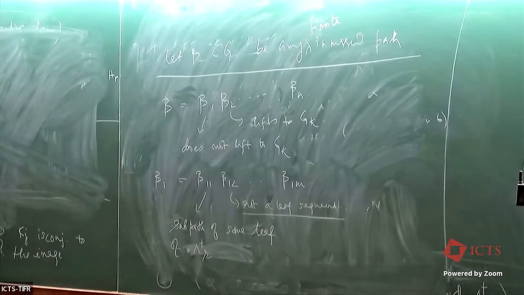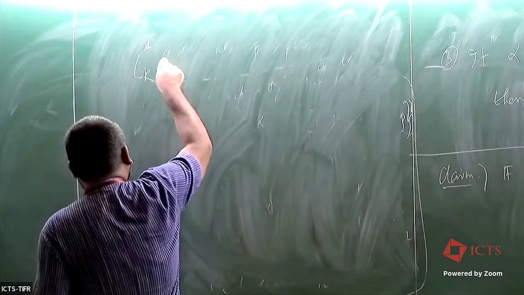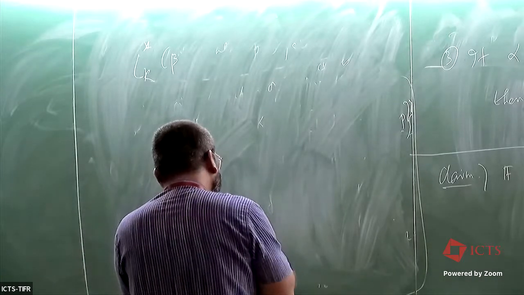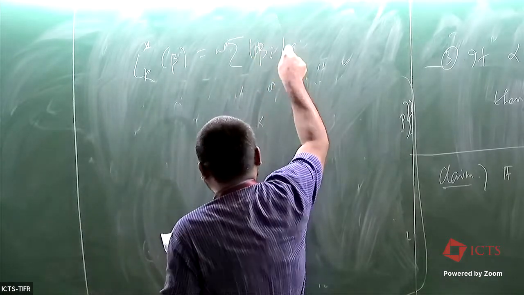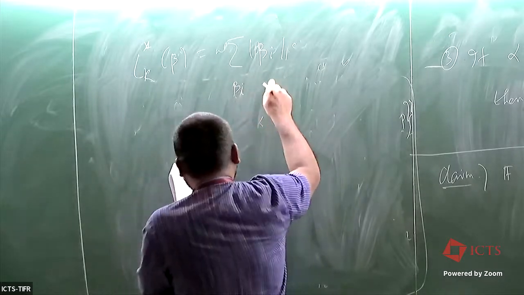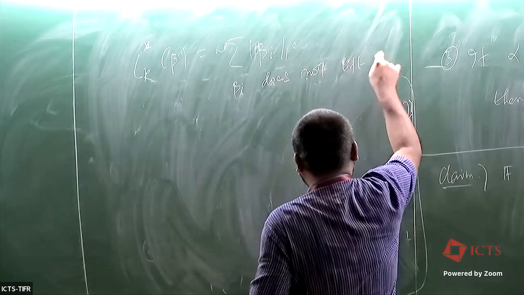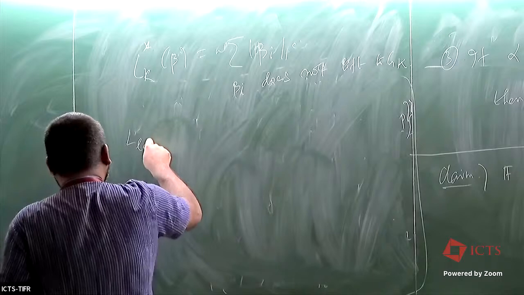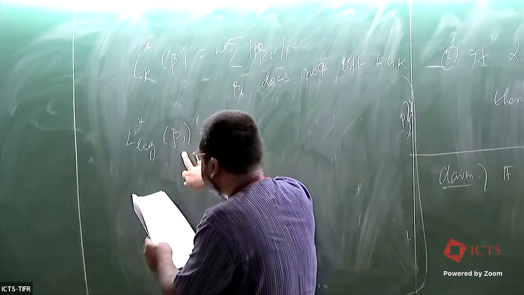So what you want to do is write this. Beta i does not lift to GK, and you write L star, where beta 1 was a leaf segment.